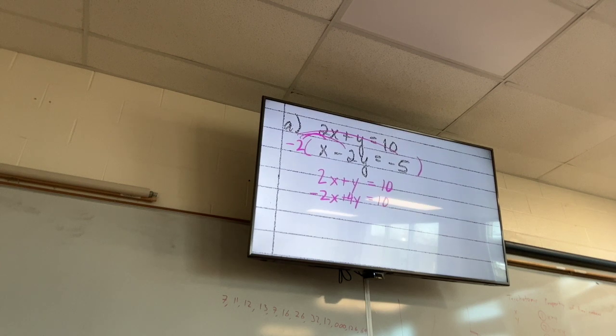Okay. Now I add down the columns. So 2x plus -2x cancels. y plus 4y is 5y. 10 plus 10 is 20. So y equals 4.